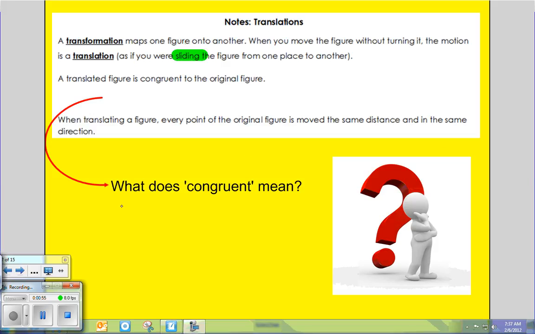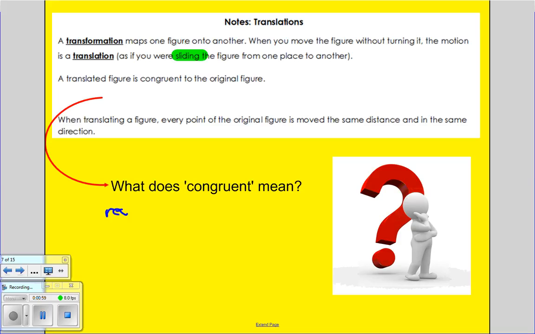So in this case, we're talking about the figure remaining the same size and same shape. Okay? Now when we're translating a figure, every point of the original figure is moved the same distance in the same direction.